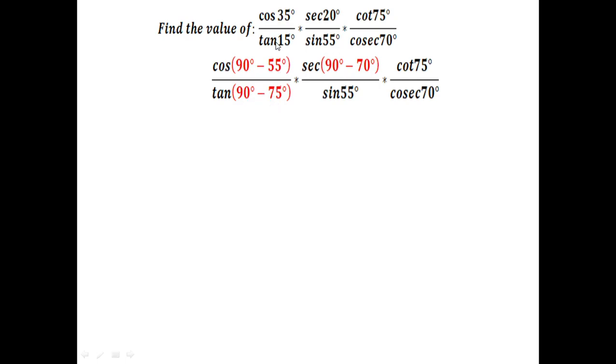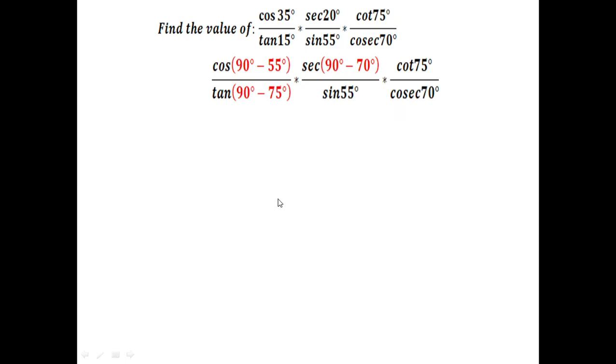We are not changing anything, we are simply rewriting 35 degree and 15 degree. Similarly, sec 20 degree can be written as sec of 90 degree minus 70 degree. We are not going to change these 3 ratios, because the complementary of these 3 ratios have already been changed here, so it is not necessary to change here. Otherwise we shall go back to the question.